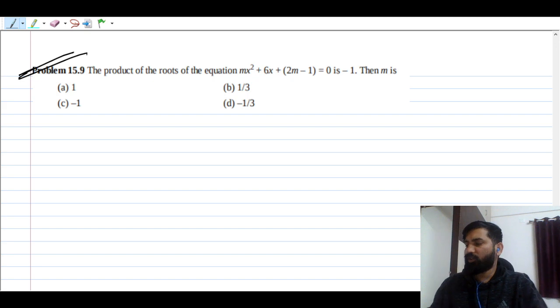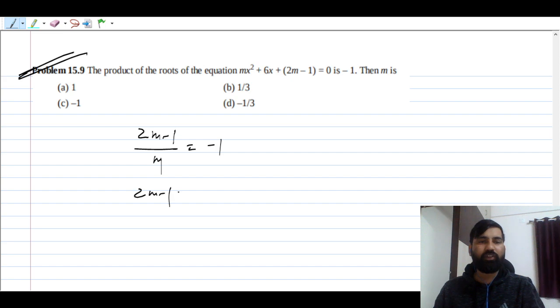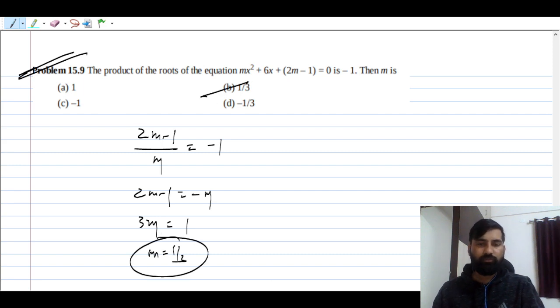So the value of m, the product of the roots is given. What is the product of the roots? That is nothing but (2m minus 1) by m is going to be -1, okay. So 2m minus 1 equal to -m, so 3m equal to 1, m equal to 1 by 3. Done. So why are they giving this kind of questions? So that you make a mistake. Negative sign mistakes happen with everyone in the GATE exam, so we should not make mistakes. We have to be very positive about life, okay.